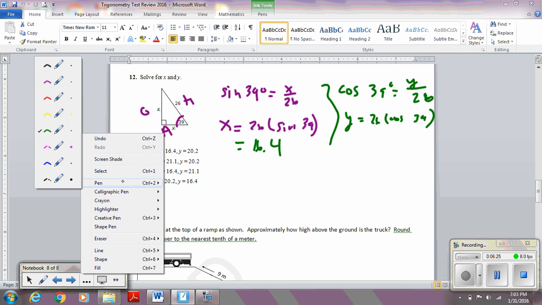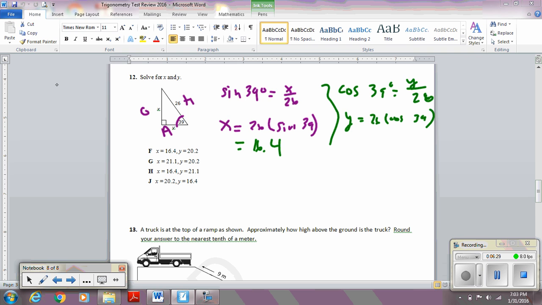And then on your TI-89, all you have to do is hit second enter and change it from sine to cosine, or retype it again, 26 times the cosine of 39. And you would get roughly 20.2. So the answer would be F.